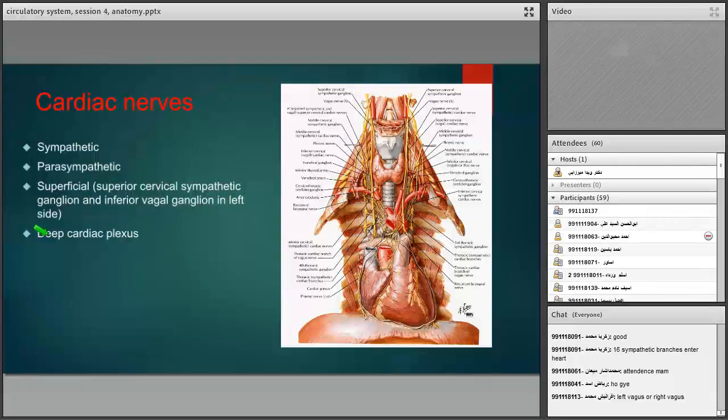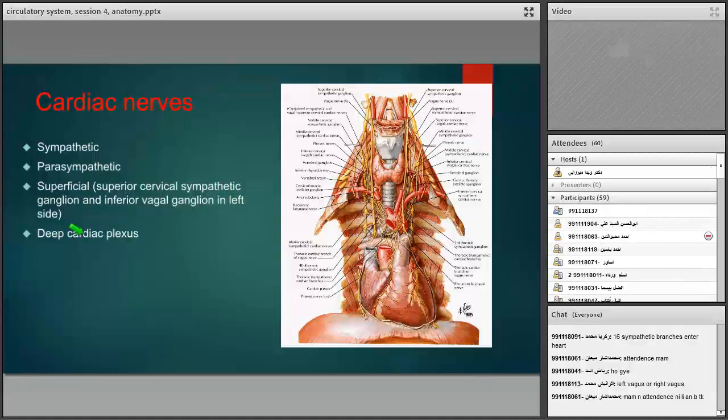From these 22 branches, 20 of them are forming the deep cardiac plexus, and 2 of them are forming the superficial one.